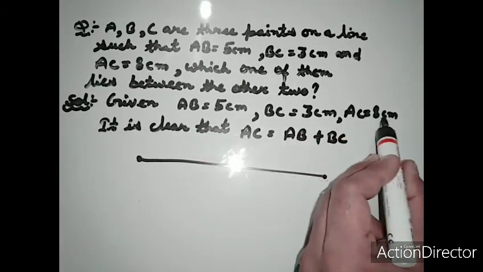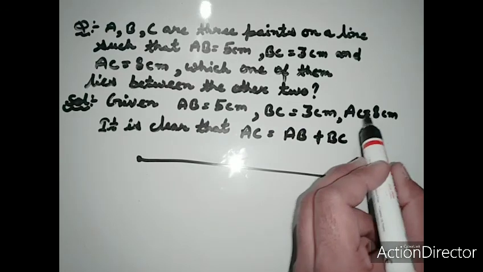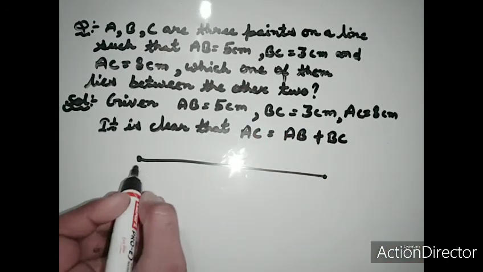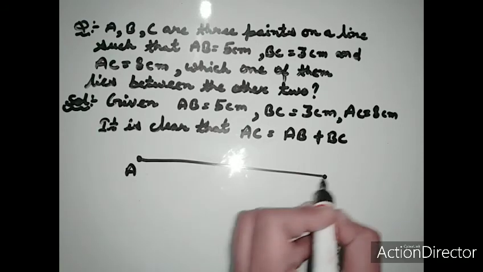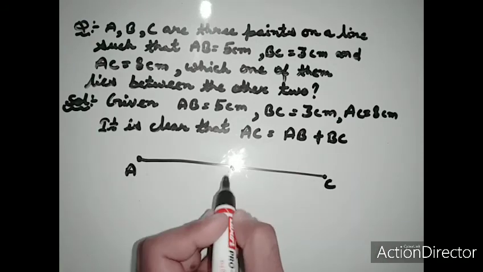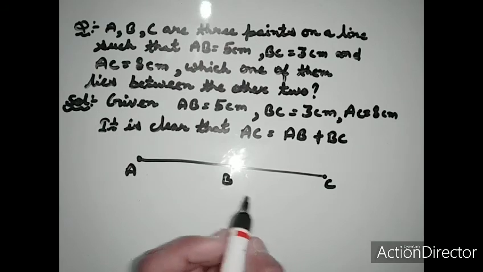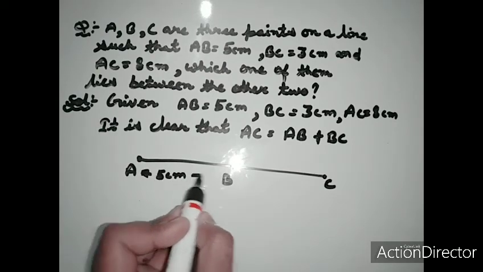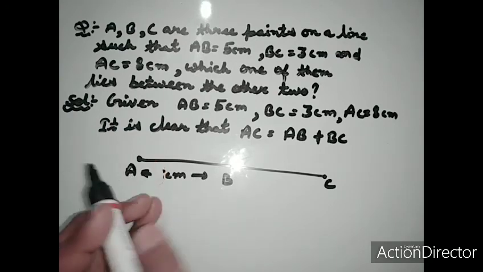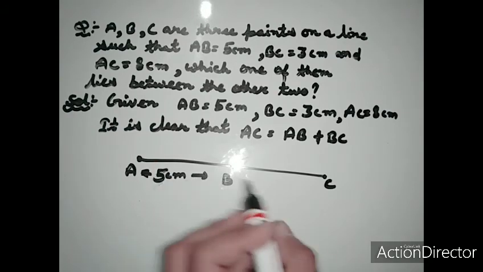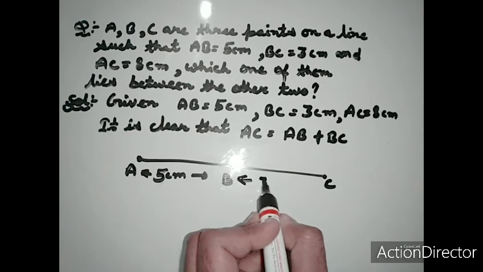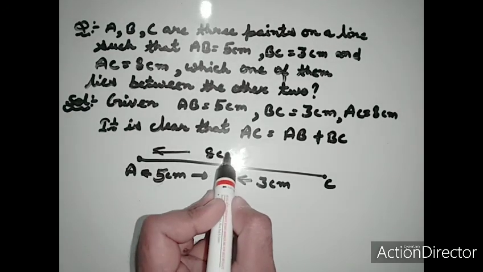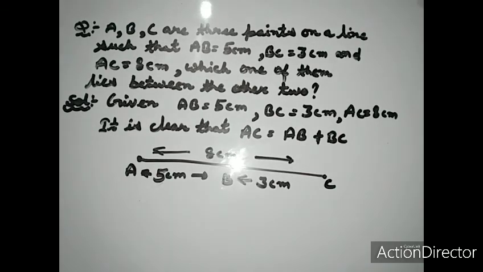Which one is greater out of these 3 line segments? AC is greater, 8 centimeter, right? So we name this line segment AC and take B as a midpoint. So AB equal to 5 centimeter, BC equal to 3 centimeter, and the total length of AC is equal to 8 centimeter, right?